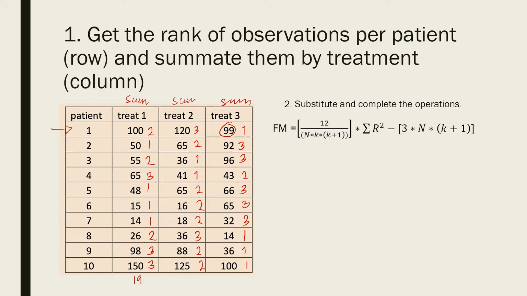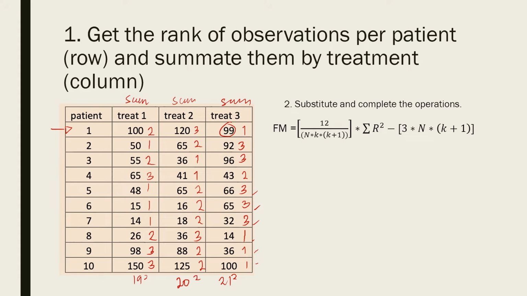Then you have 20 for treatment 2. And for treatment 3, 1 plus 7 plus 6 is 7, 9, 12, 15, 18, 19, 20, and 21. Okay. So we have the variables we need.